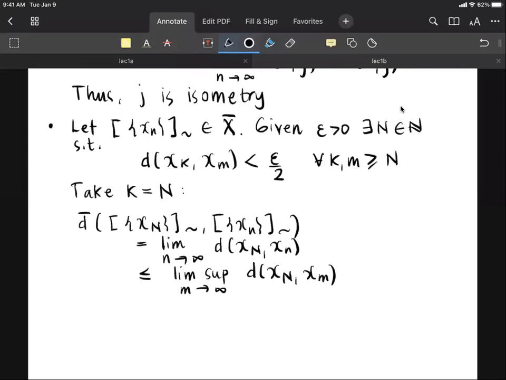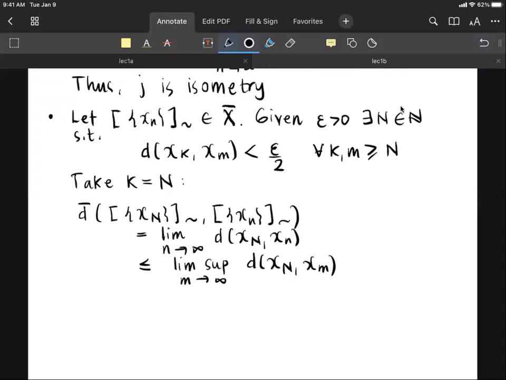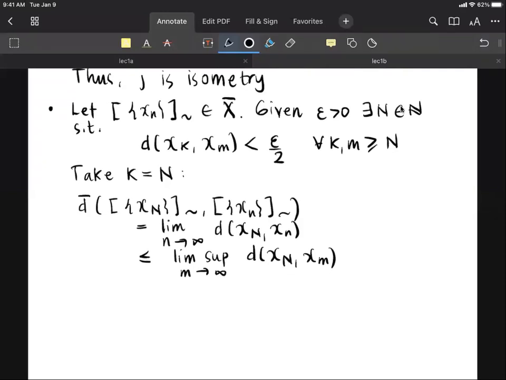If you look at this inequality here, if you pass m to infinity and choose k to be N, you end up with an inequality less than or equal to epsilon over 2, which is of course less than epsilon.